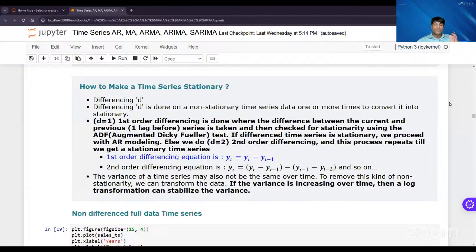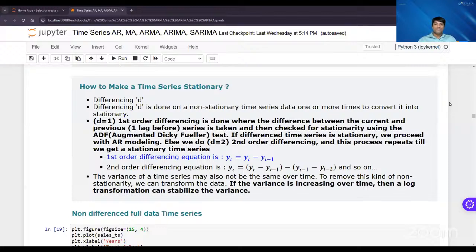That means yt minus 1 is the previous observation, and we are taking the time difference. Going forward it will be yt plus 1, yt plus 2, and so on. If you go back, it will be yt minus 1, yt minus 2. So lag refers to the time difference or interval between observations in the series.